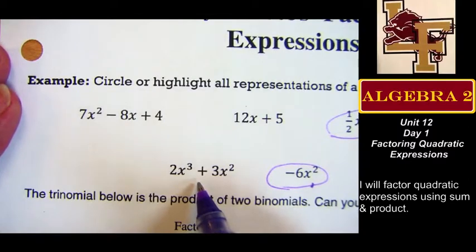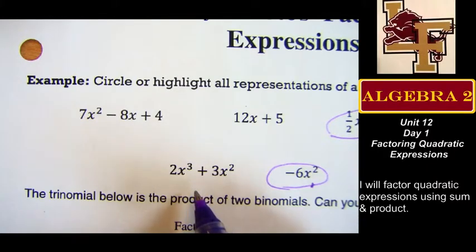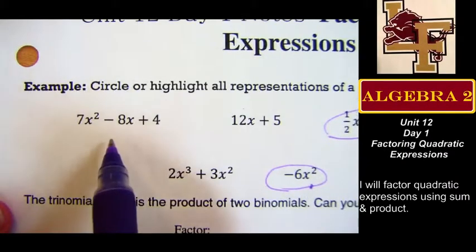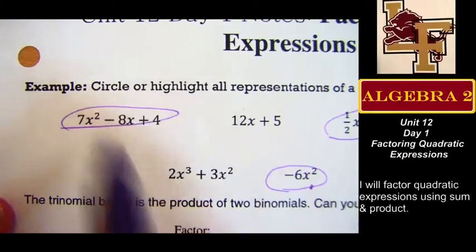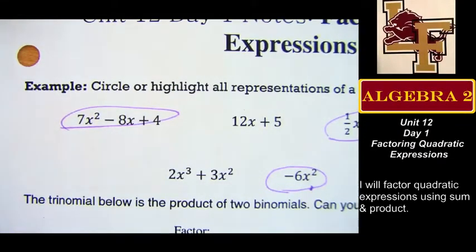No. No, because it has a 3. The biggest degree is 3, and 3 is bigger than 2. In order to be quadratic, the 2 has to be the biggest one. Because I have this exponent 3, which is bigger than 2, this one doesn't work. Good. You guys are very good at figuring out what quadratics are. Nicely done.